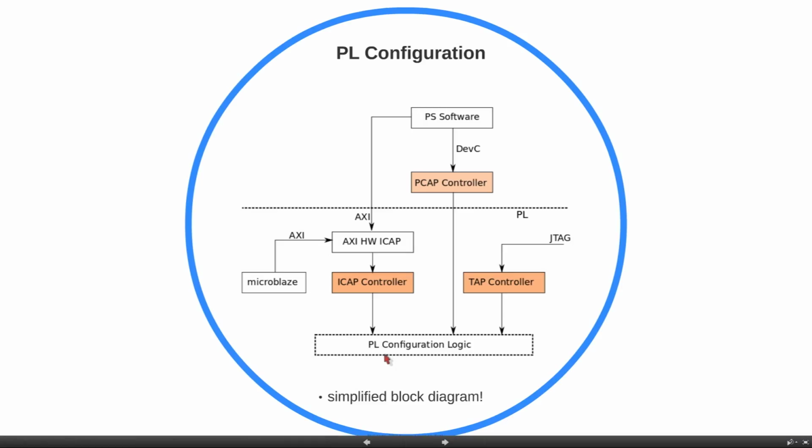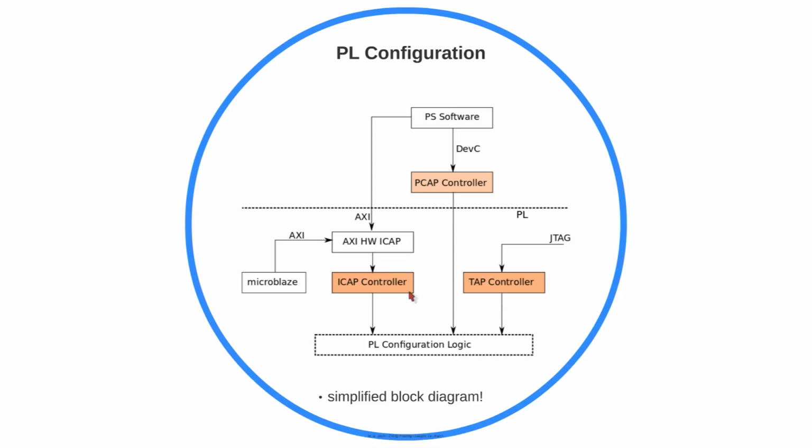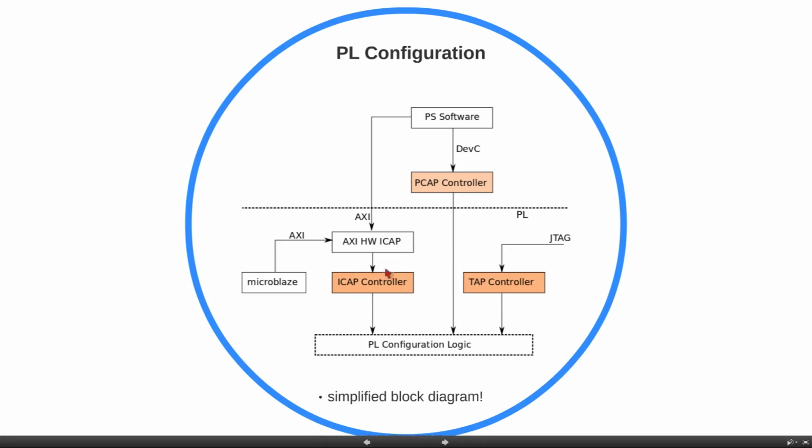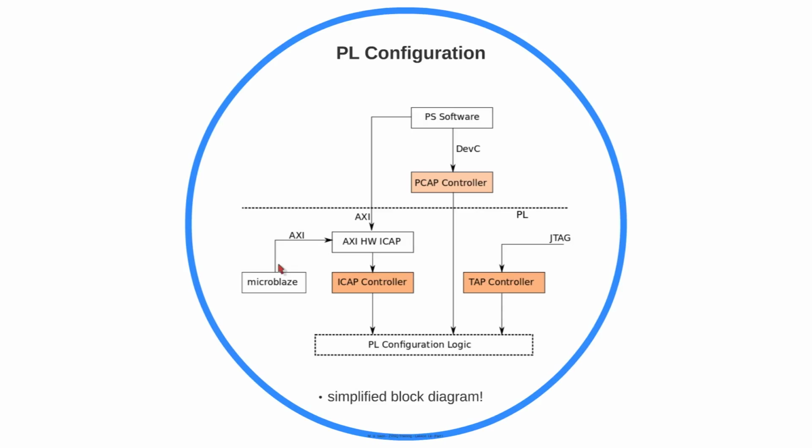So for this lesson, our focus is to use the PCAP controller, and maybe in future lessons we will focus on the ICAP. The ICAP has this advantage that it can be used not only by the ARM host but also by, for example, a CPU which is already residing on the PL.